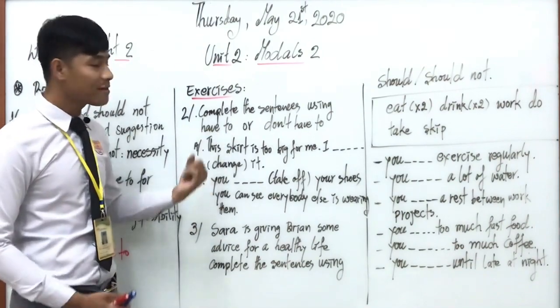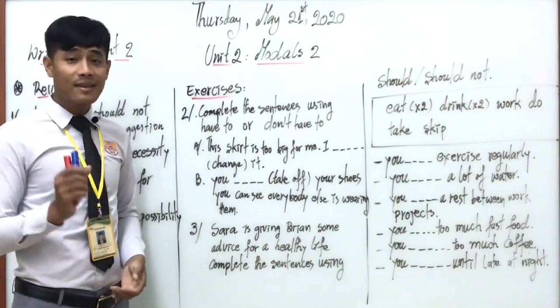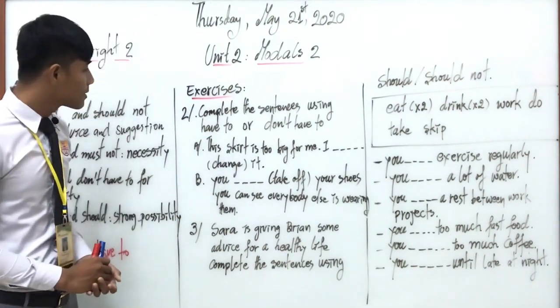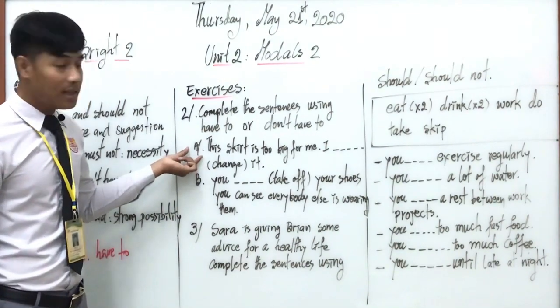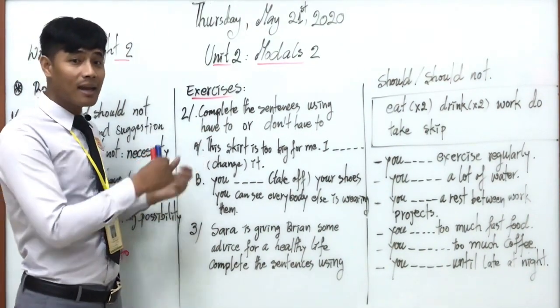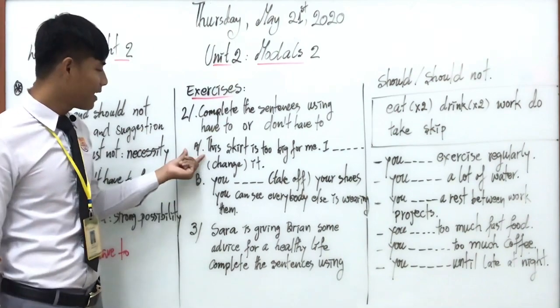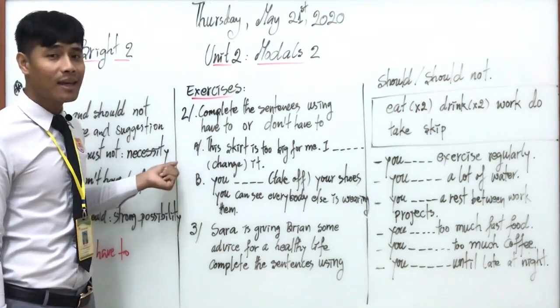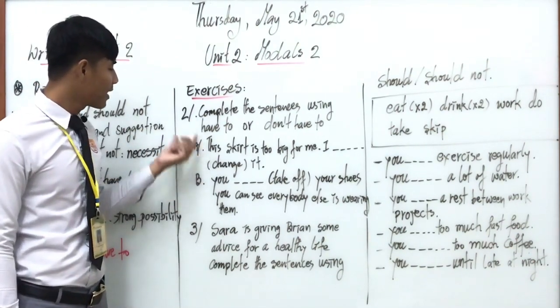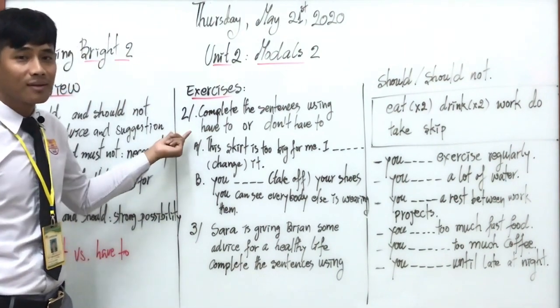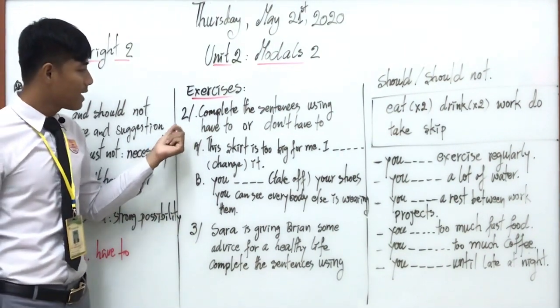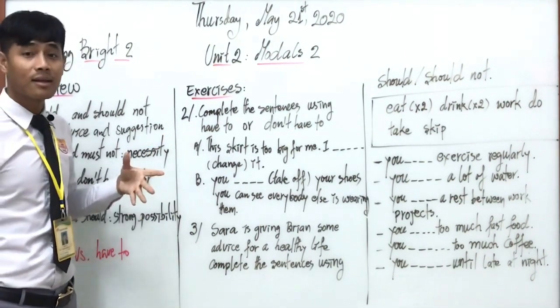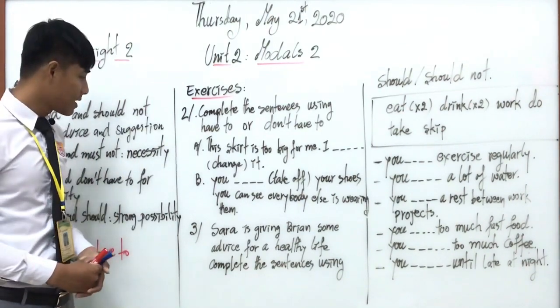As you know, have to is used for necessity, okay? So let me get started. In our book, we write number 1, but I write A here to make sure that you are not confused with the number of the exercise and the number of the structures.